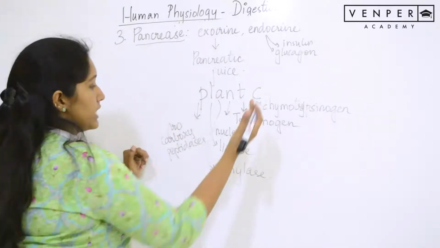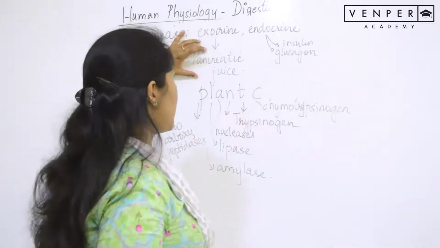So 1, 2, 3, 4, 5, 6. These 6 enzymes come under the pancreatic juice.